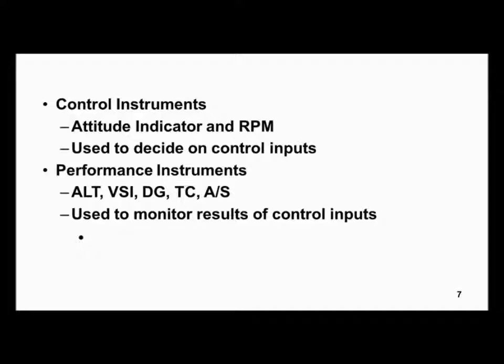Is the airplane performing the way I want it to? So you're going to look at all those to see. And then you're going to go back and you're going to fix any pitch, roll, or power you need in order to get the performance gauges to say what you want.